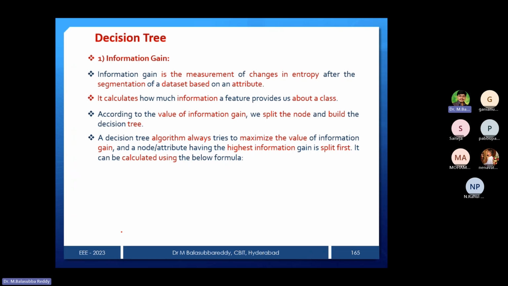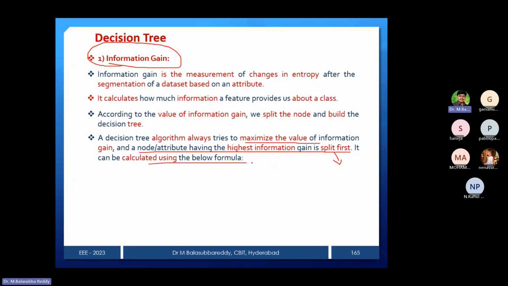The node attribute with the highest information gain is split first. Once we calculate the information gain, the attribute having the highest information gain is going to be split first.